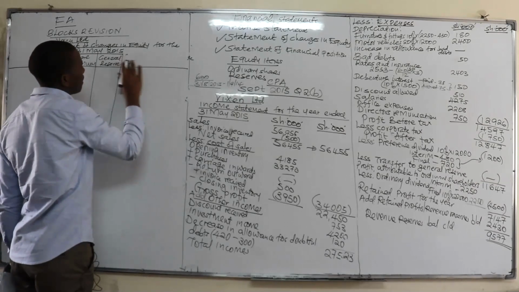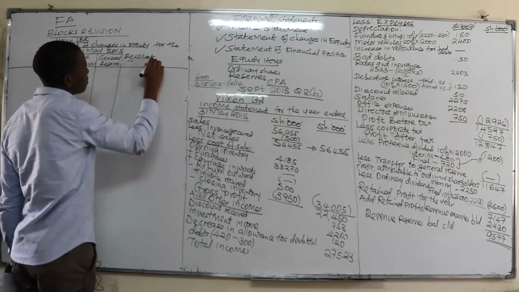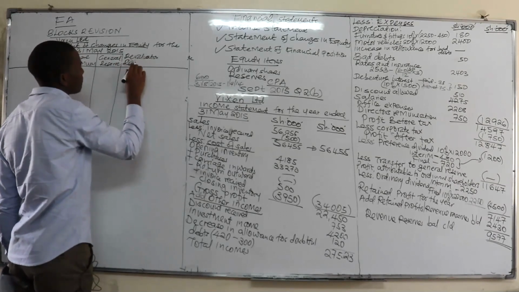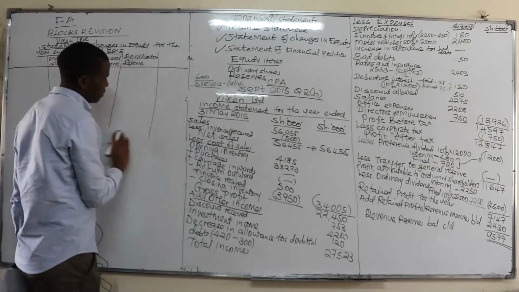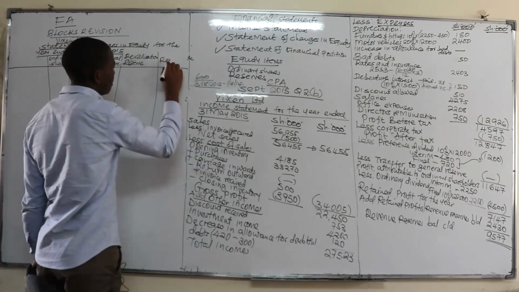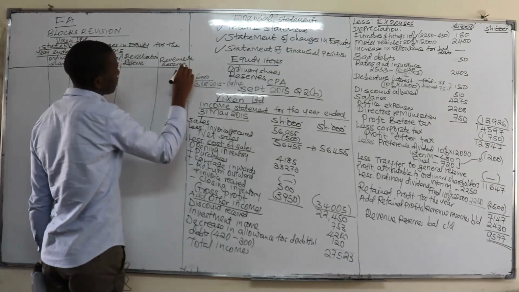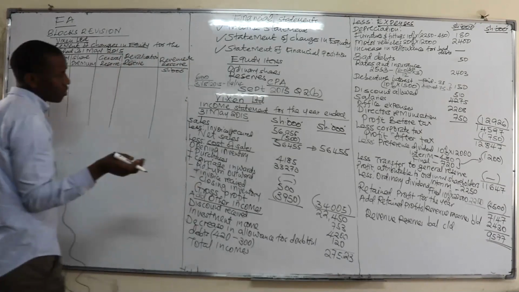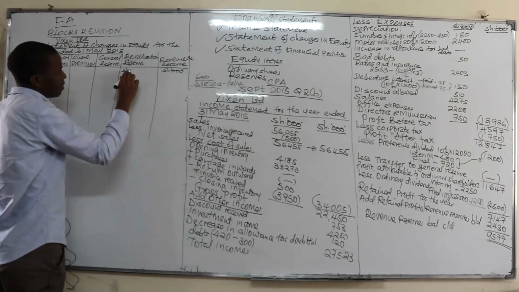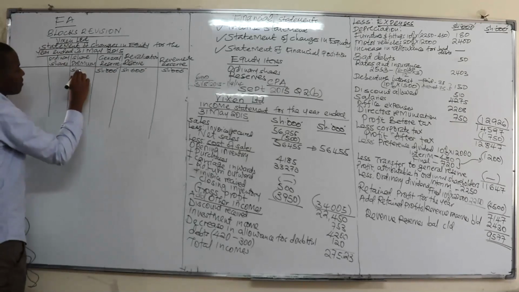Or first you can have, if there was revaluation reserve, a revaluation reserve, and then revenue reserves. So in this case, revenue reserves are also the retained earnings. They are also the retained profits, as I've said. You can have shillings in thousands, shillings in thousands, and then shillings in thousands.